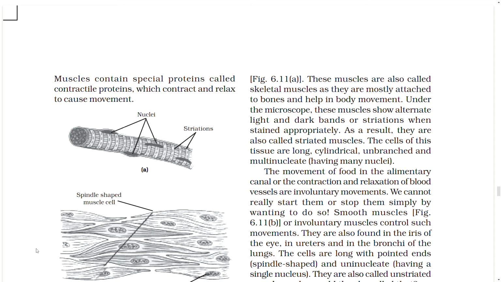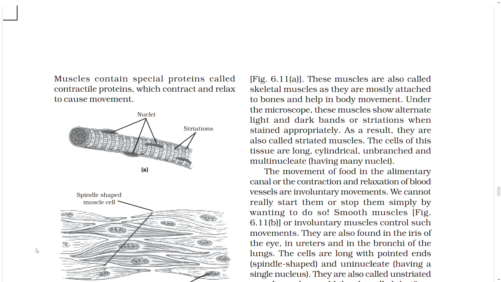Under the microscope, these muscles show alternate light and dark bands or striations when stained appropriately. As a result, they are also called striated muscle. The cells of this tissue are long, cylindrical, unbranched, and multinucleate, having many nuclei.